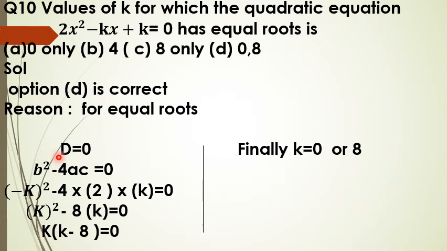As we know, the discriminant is given by b square minus 4ac, so here we put b square minus 4ac equals 0. Now putting all the values, we get k into k minus 8 equals 0, and finally we get the value of k equals 0 or 8. So when we get the value of k equals 0 or 8, option D is correct, which satisfies the given answer. So from the options, option D is correct.